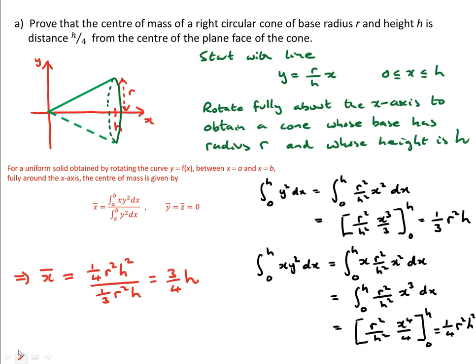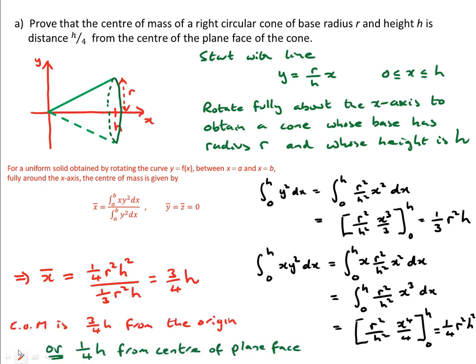So the distance of the centre of mass from the origin is 3/4 h, which means that the distance of the centre of mass from the centre of the circular plane face of the cone is going to be 1/4 h.